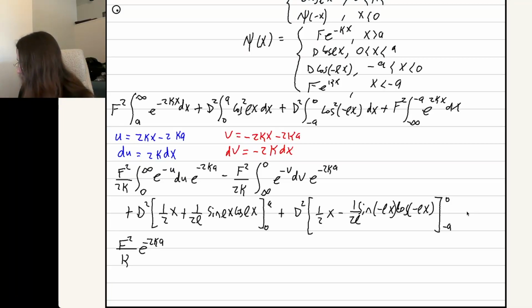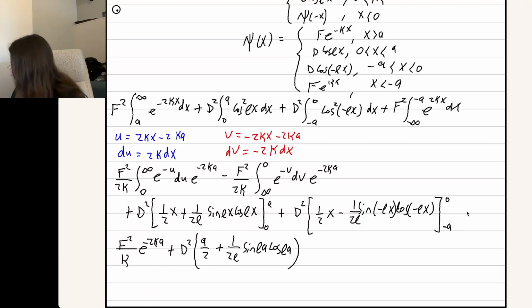And then plugging in the bounds for the d squared stuff, we have d squared, and then this is going to be a over 2 plus 1 over 2L sine La cosine La, and then if you plug in 0 for x or for sine of x, you get 0, so we'll close it off there.